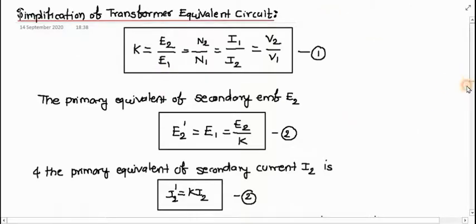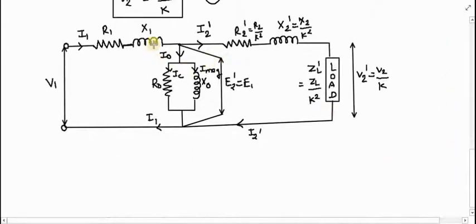Now what we have to do? We have to transfer this shunt circuit to the input side, means before R1 and X1. So see how we are doing. I will just add one shunt circuit here, right?